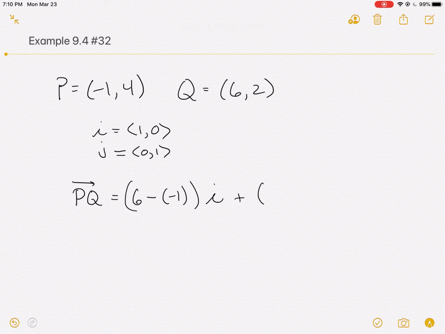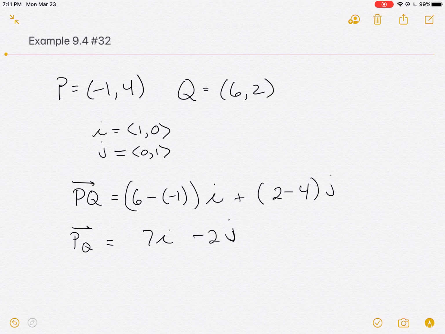And then it's also going to be in the j direction, 2 minus 4 j. And so the PQ vector that they're having in the back as an answer is simply 7i minus 2j.